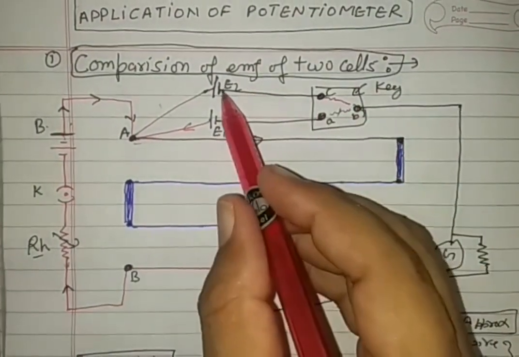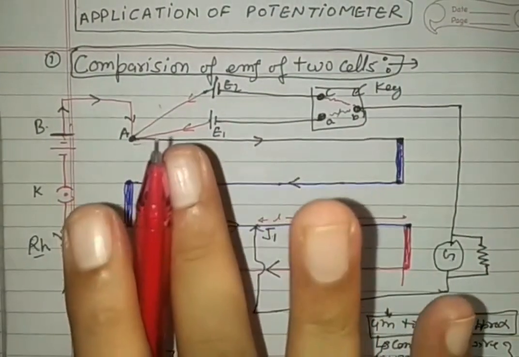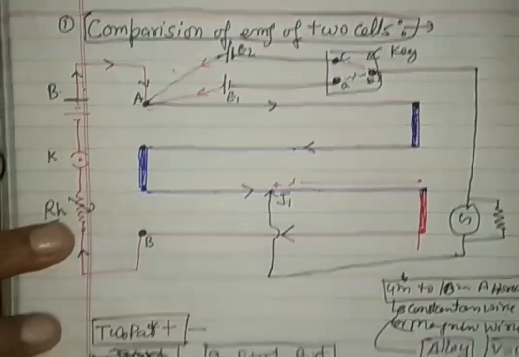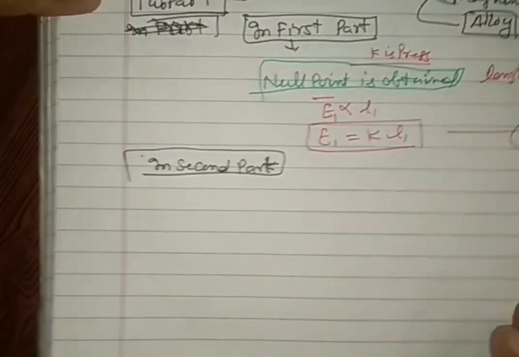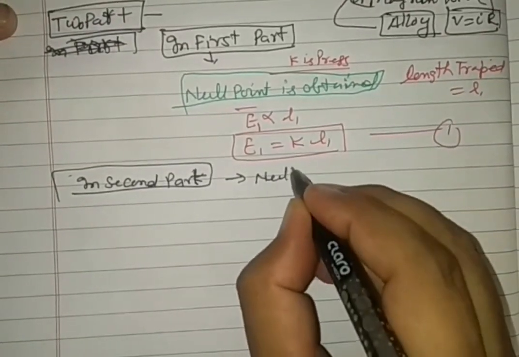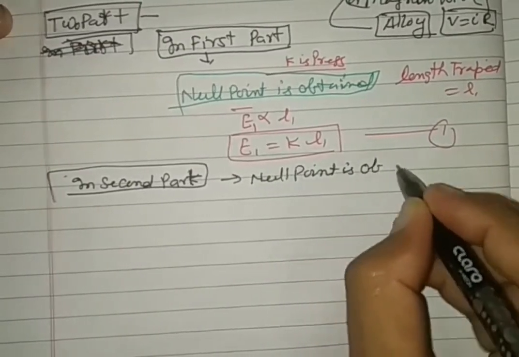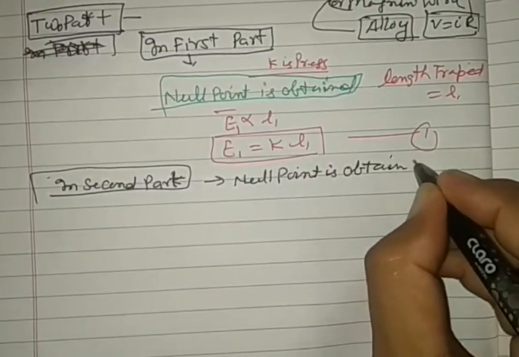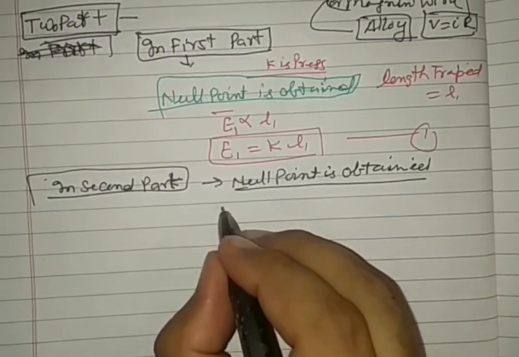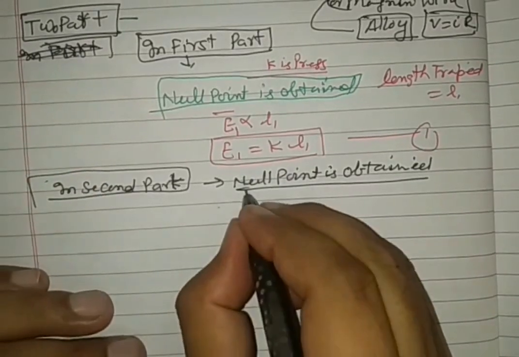Now the second battery comes under operation in a closed circuit, right? And again the null point is obtained. Again, what did we do? Null point is obtained. When is the null point obtained?